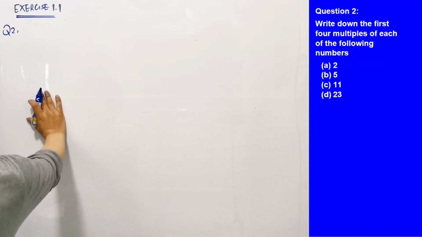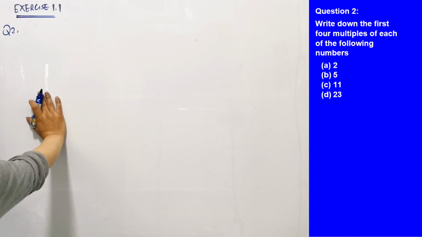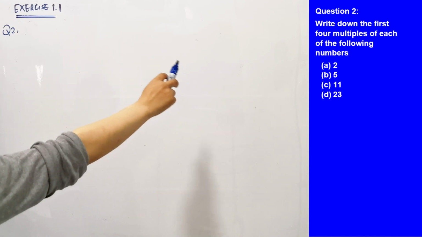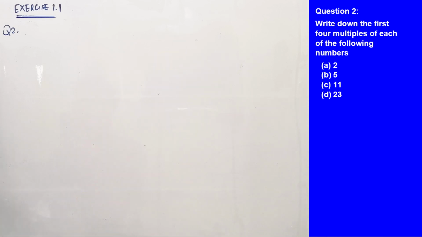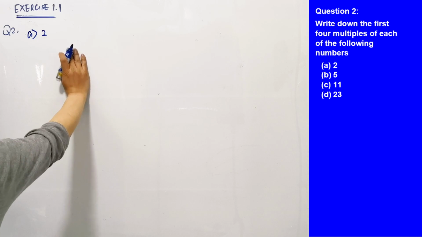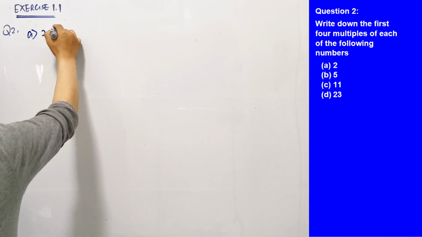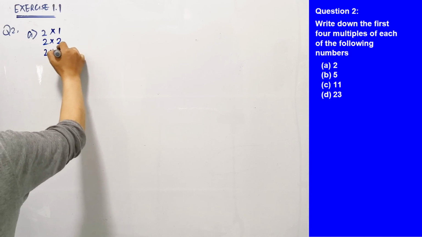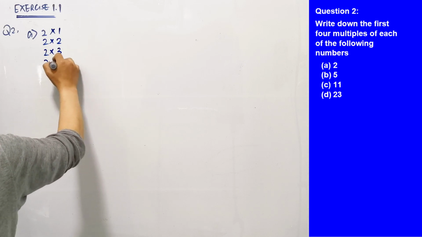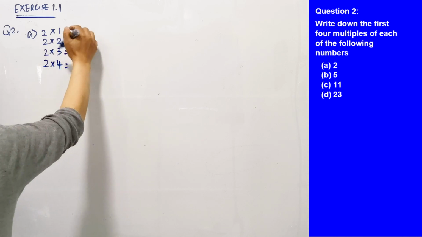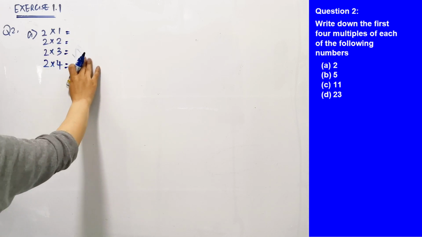Let's look at question 2. Write down the first four multiples of each of the following numbers. A is 2.